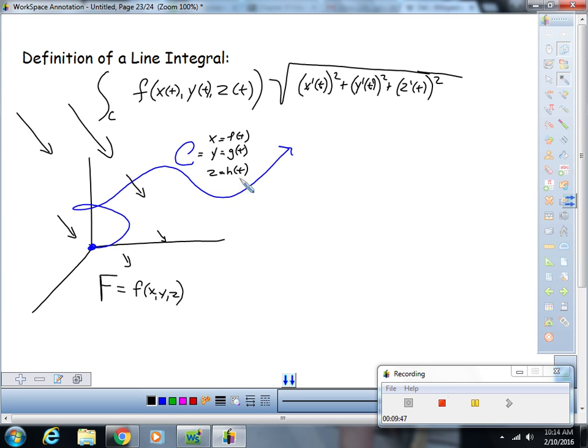Now, let's assume that this force field actually represents change in density throughout the field. So at each point on this curve, the density is different. Then if this little curve had a uniform radius with a changing density, what you would be doing is adding up all the products of density times length, and that would give you mass.